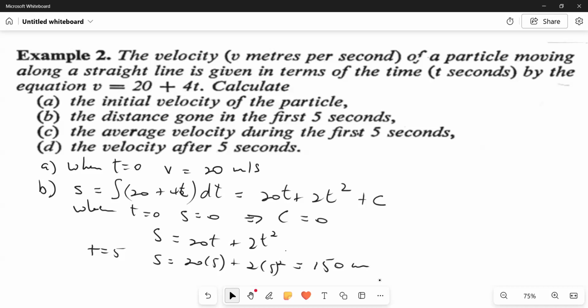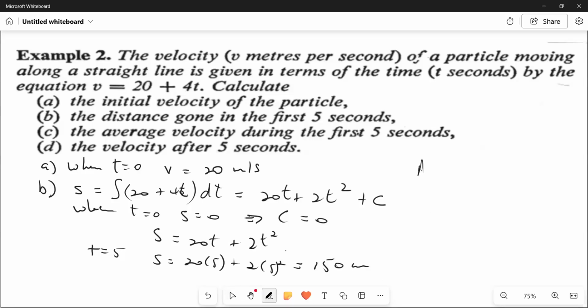I'll leave that until I tell you about something called the fundamental theorem of calculus. I'll tell you that later on. And they say the average velocity during the first 5 seconds, right? So we know the initial velocity is 20. Oh no, we're not going to check the average velocity like that.